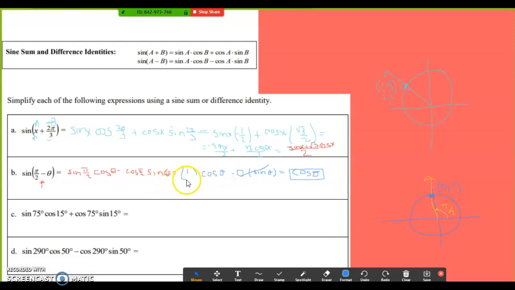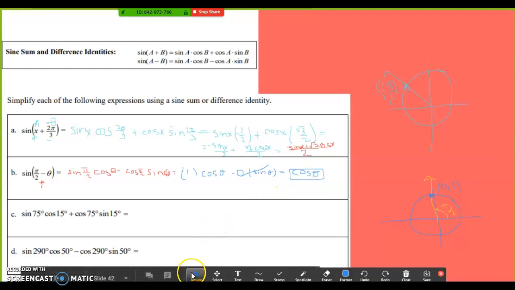So that means that this would be 1 times the cosine of theta minus 0, cosine of pi over 2 is 0, times the sine of theta. And if I simplify this out, that would cancel, and I'm really just left with 1 times cosine of theta, which is cosine of theta. If you got that, good job.